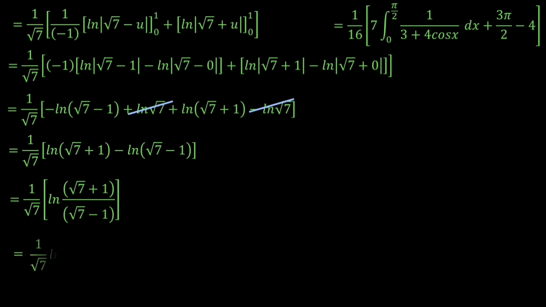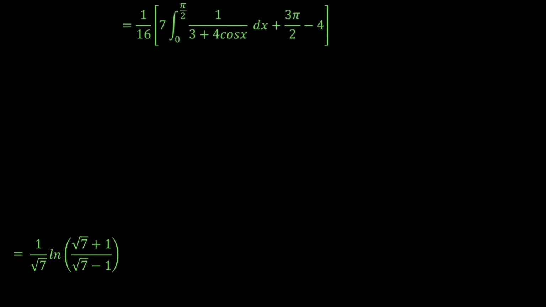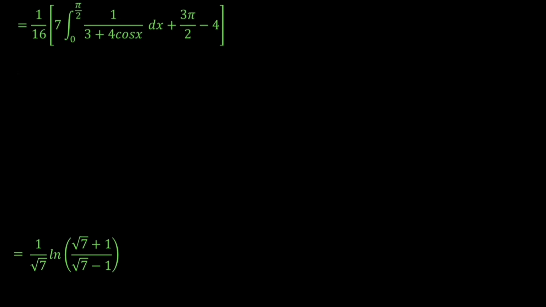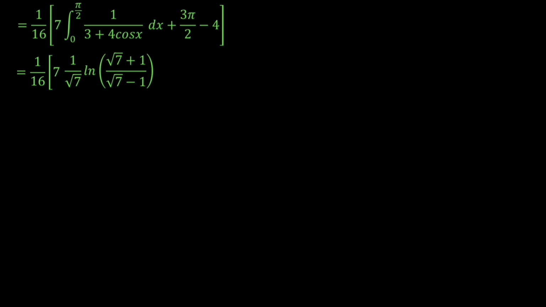Let's substitute this value into our final answer. Then we can write 1 over 16 within brackets 7 into 1 over root 7 ln (root 7 plus 1) over (root 7 minus 1) plus 3 pi over 2 minus 4. 7 we can write as root 7 into root 7.